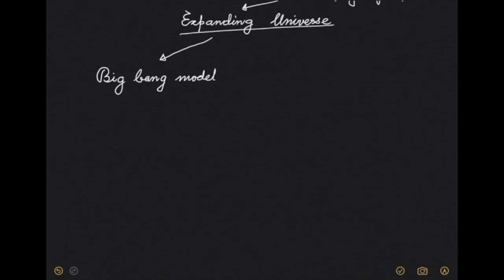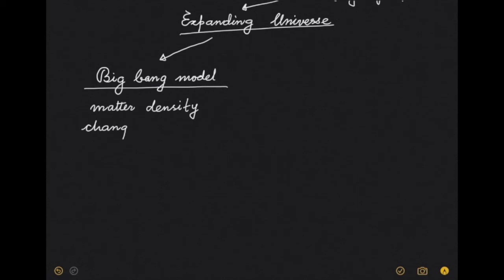This model essentially says that the matter density, and when I say matter, it can be ordinary matter, dark matter, radiation, many other things, so everything combined, changes with time.